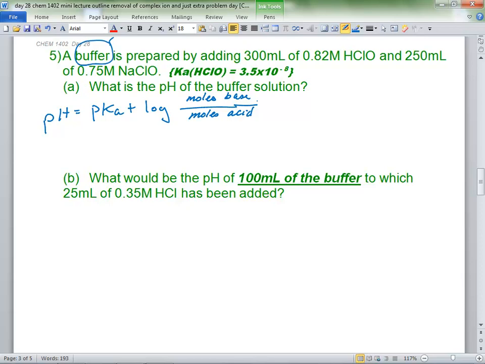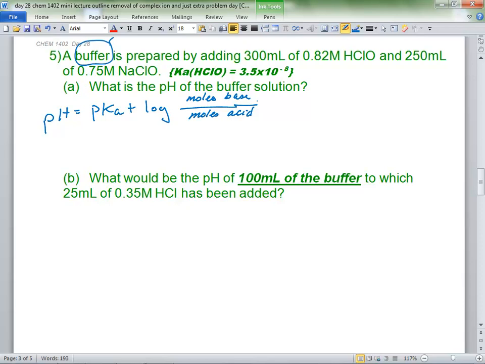What is pKa? Negative log of Ka. Little p always means negative log. So if it's pH, negative log of H. pKa, negative log of the Ka. So you have to find the negative log of the Ka, so you're going to need that number.